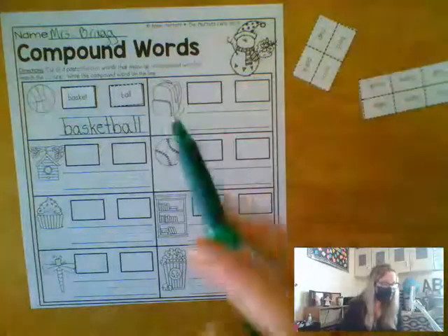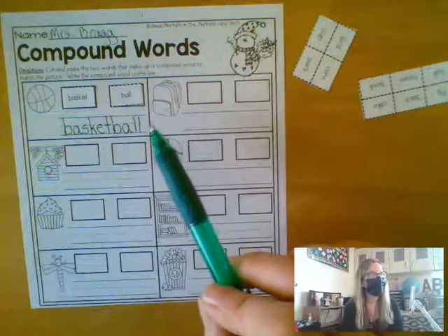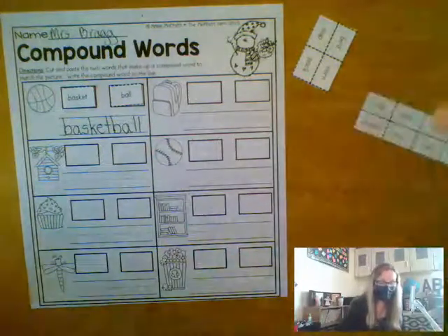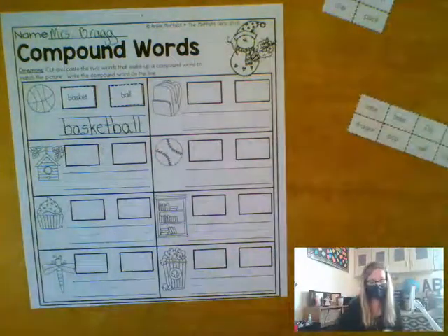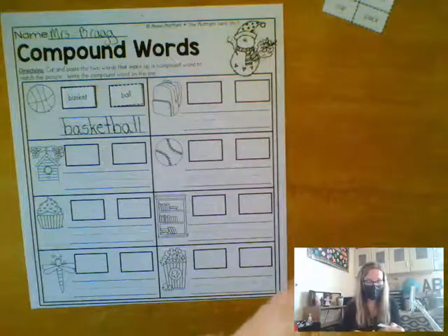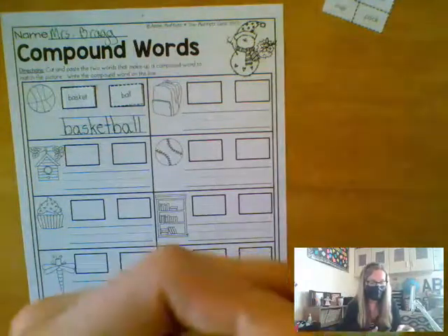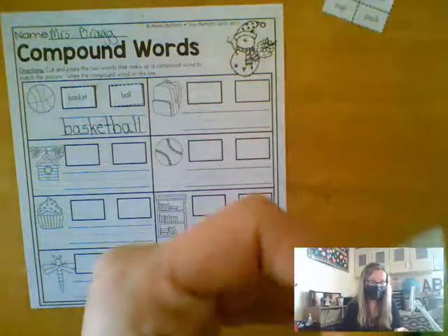So Blake, looking at this next one, this is one of our spelling words this week. What is this? Backpack. And what two words make up backpack? Blake, what two words make up backpack? Back and pack. So I'm going to cut out the word back, which is right here. I'm going to be careful not to drop the rest of my words on the floor.